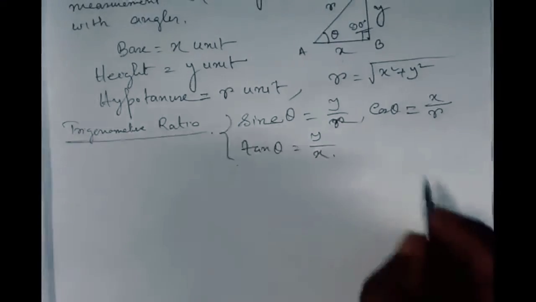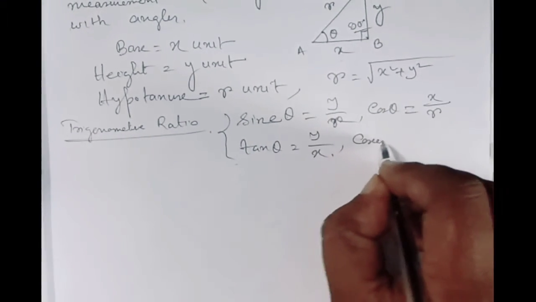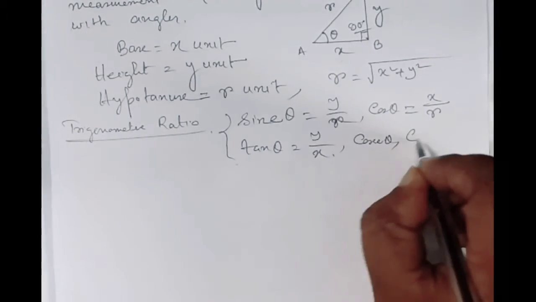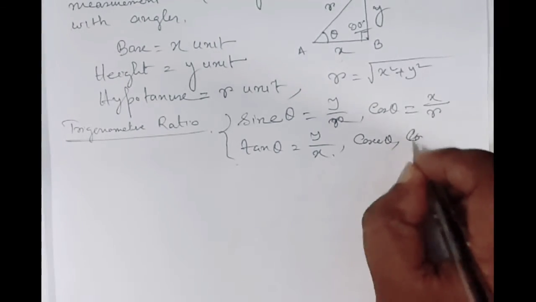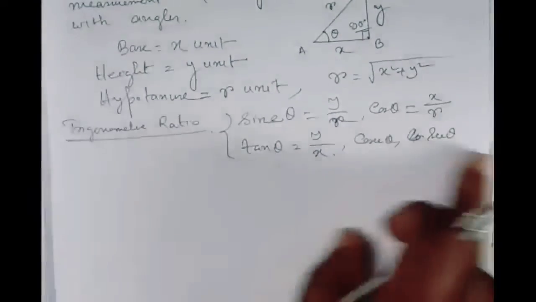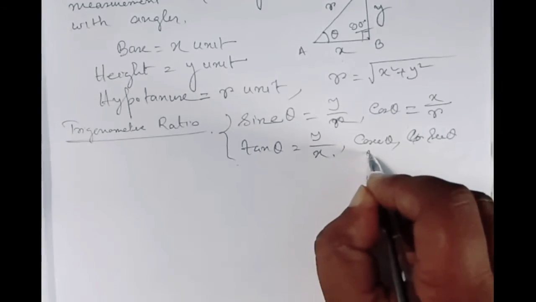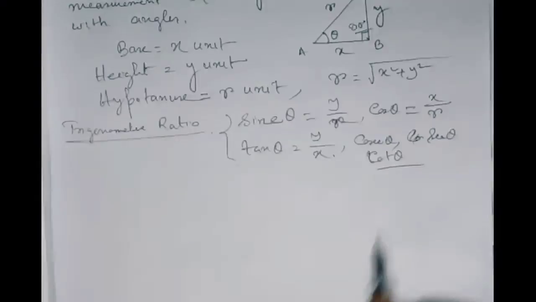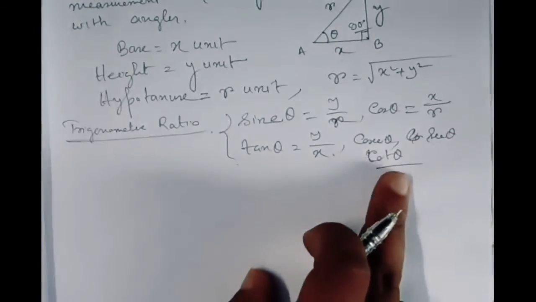Next, the other ratios are cosec theta, sec theta, and cot theta.